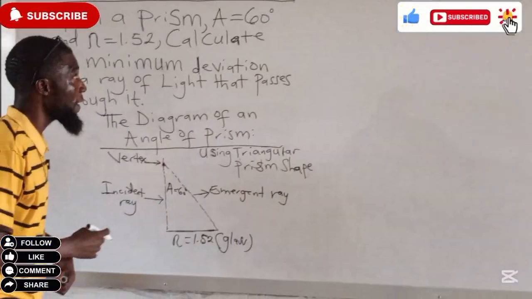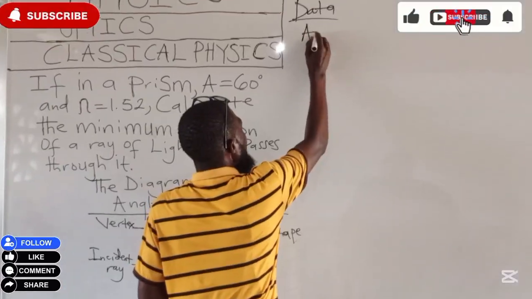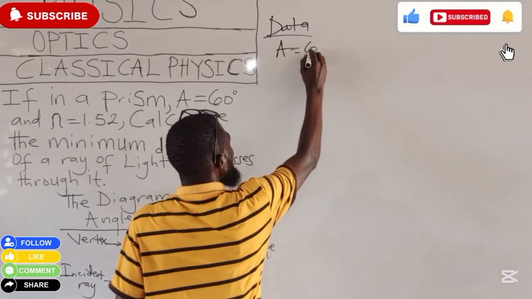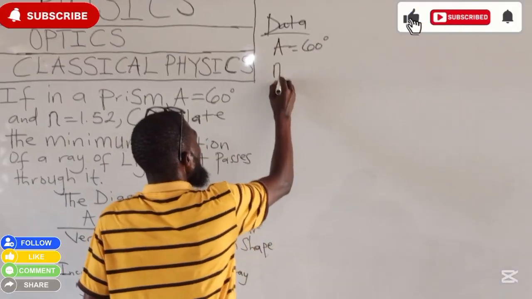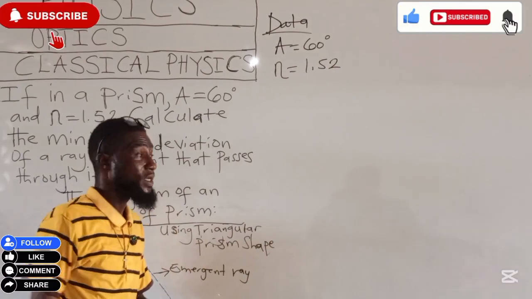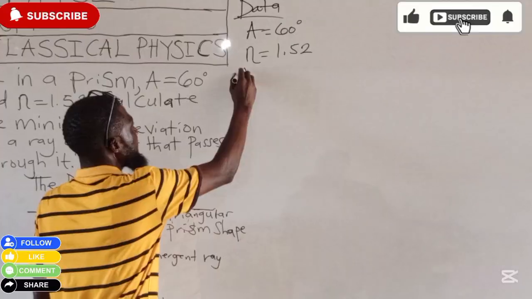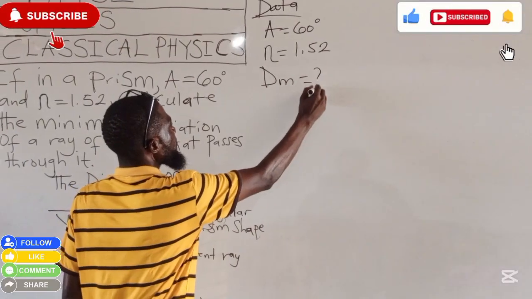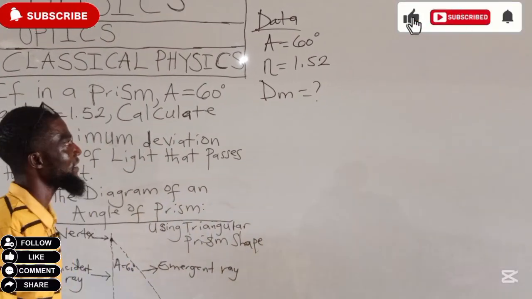On our problem, we have our data. Remember, A, which is the angle of prism, is equal to 60 degrees, while the index of refraction is 1.52. And we also have the minimum deviation, Dm, equal to question mark.